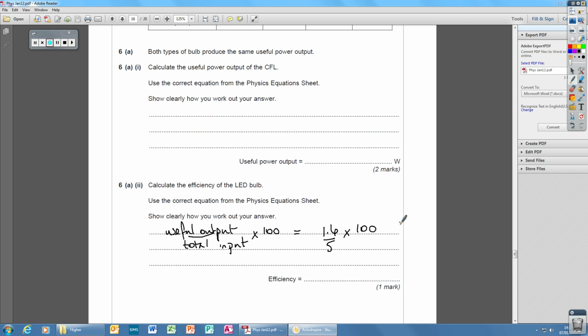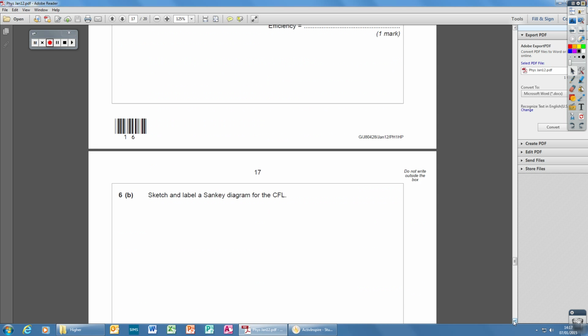So if I just tap that into a calculator, 1.6 divided by 5 times 100 gives me an efficiency of 32%. So the LED is slightly more efficient. Moving on.